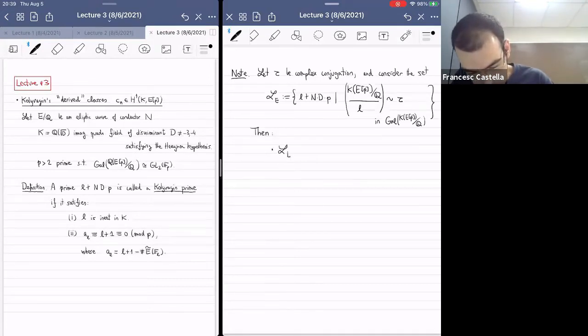So this set is certainly infinite by Chebotarev, and every element in this set is a Collvagen prime.